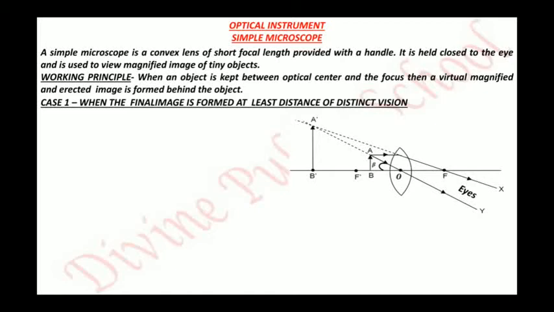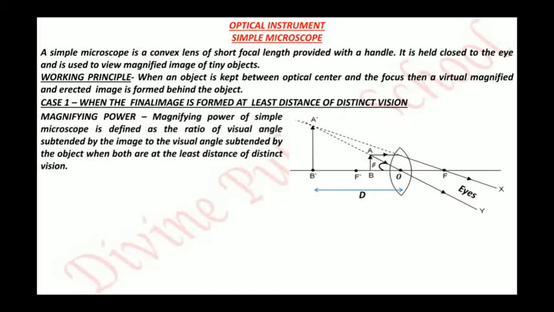The distance, as I was telling, between O and B dash must be equal to D. This is all for the ray diagram. Now we define magnifying power.